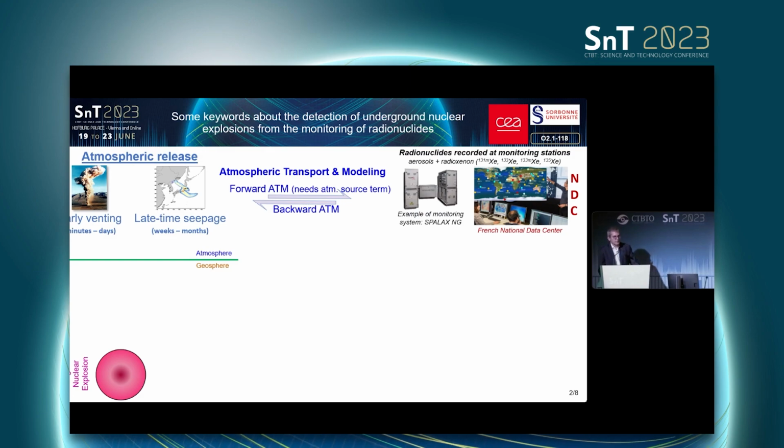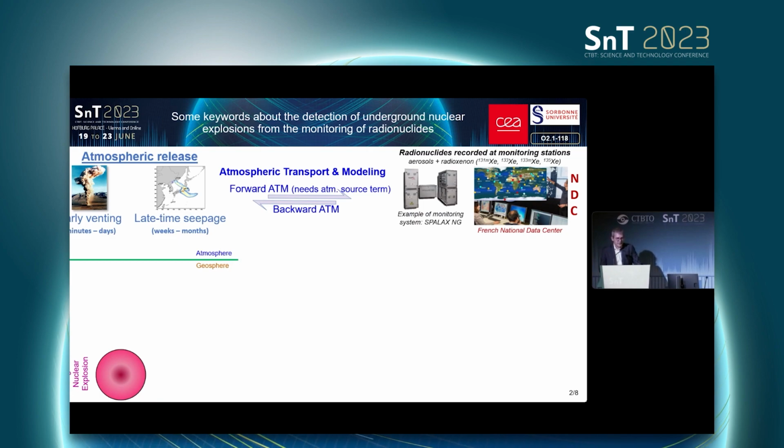Due to atmospheric transport, this radioactivity is likely to be observed by a monitoring system. If so, according to certain criteria, we use backward ATM, backward atmospheric transport modeling, to verify that the source region is consistent with a nuclear test site.